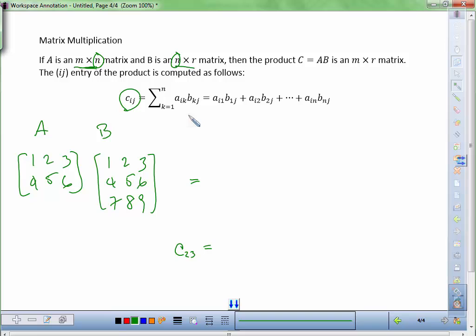K goes from 1 to n. N is, let's put the sizes here for these matrices. A is a what by what? It's a 2 by 3. B is a what by what? This is a 3 by 3. And so your n is a number that matches, which is a 3. So it looks like our sum is going to be adding 3 things.